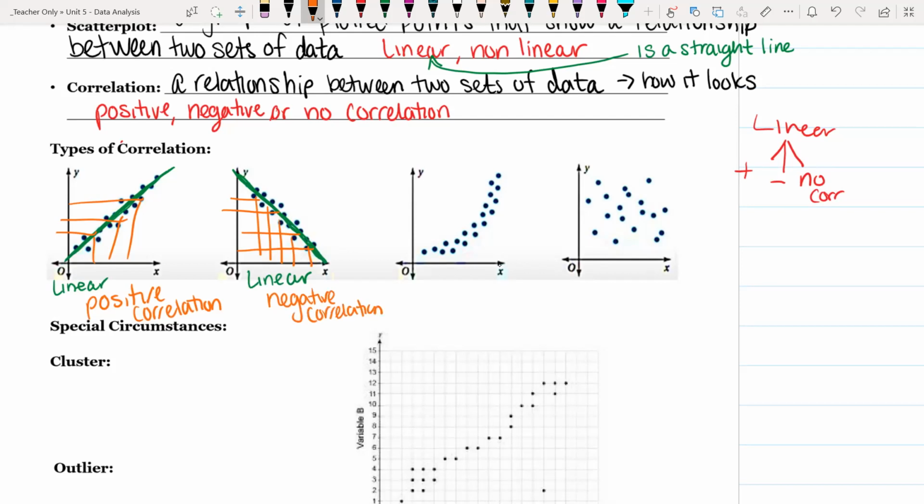Okay. You can erase all that stuff. Like, you don't have to draw that if you don't want. So let's look at this next one. Does this make a straight line? Because that's what it needs to do to be linear. No, it's got a curved line. Okay. So this is then non-linear. So then it has no correlation.